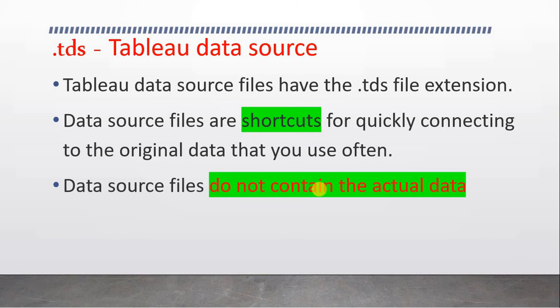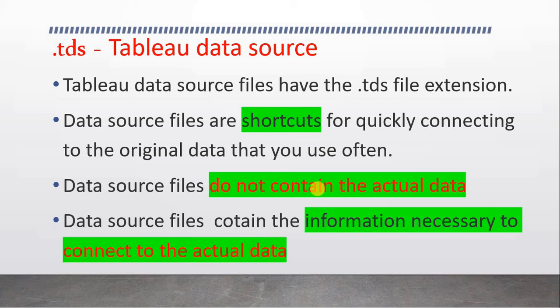In this kind of file there is no actual data, because we only have the connection requirements needed to get the data. So it is a shortcut. Just like in any shortcut, there is no data, because the data is stored somewhere, and the connection is already established through the shortcut. When we click on the shortcut, we go directly to the file location, isn't it? For example, if you have a shortcut on the desktop, but the file is in documents, it's just like that. The Tableau data source is just like that.